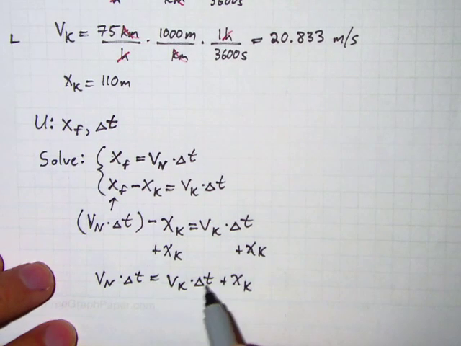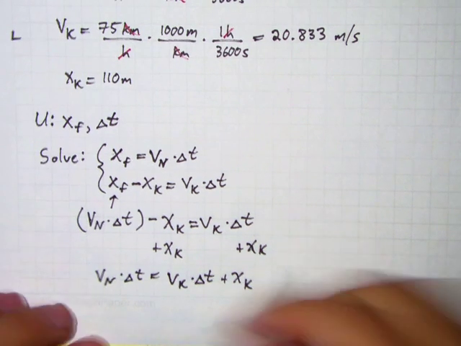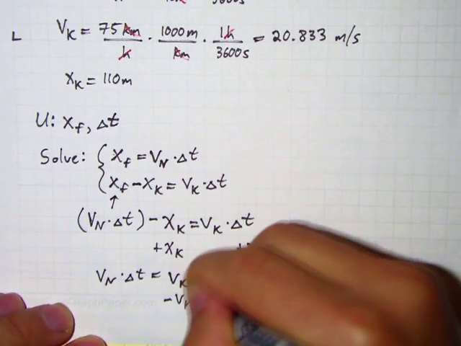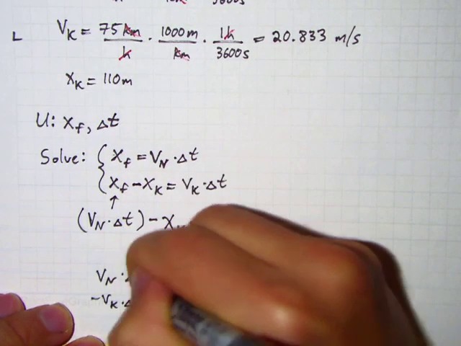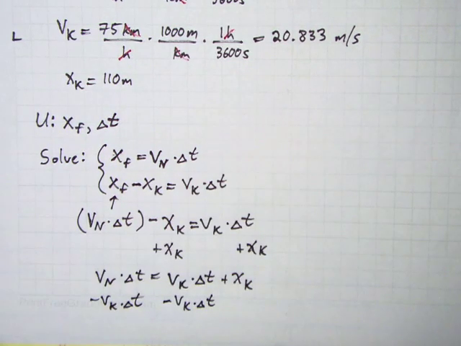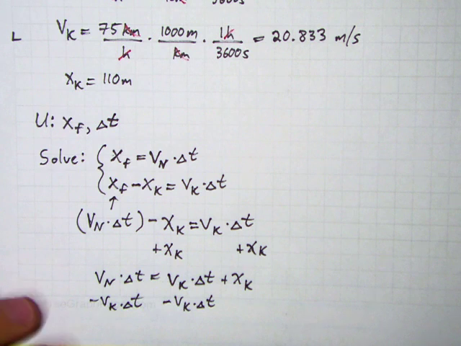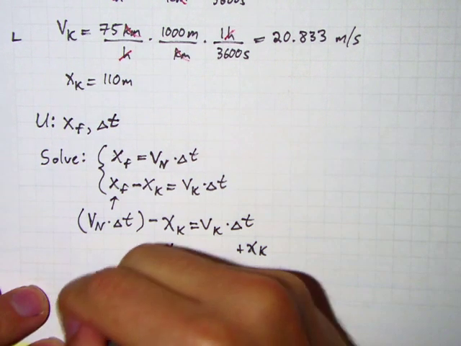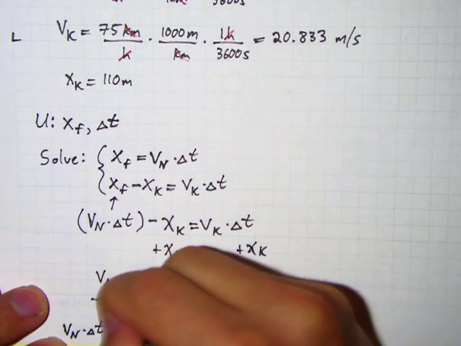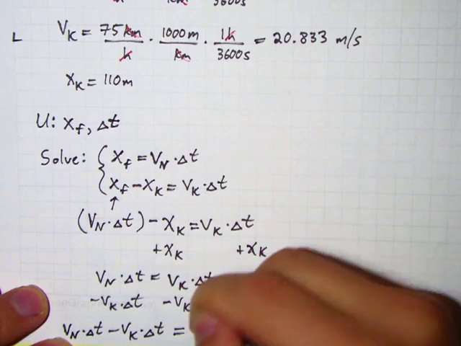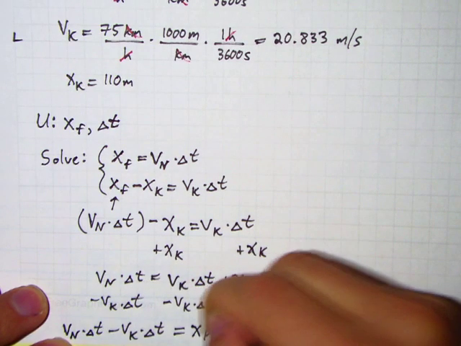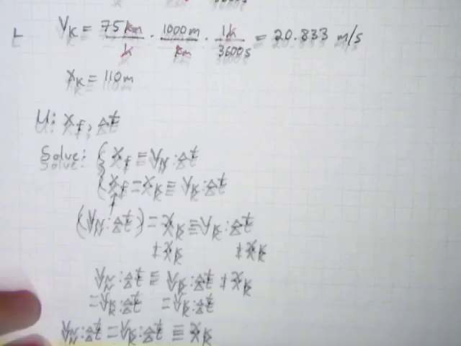All right, I'm trying to solve for delta t. Remember, that's our goal here. That's our other unknown. All right, so I'm going to subtract Vk times delta t from both sides. I'm going to need another piece of paper soon. So that gives us Vn times delta t minus Vk times delta t equals xk. All right, getting closer.